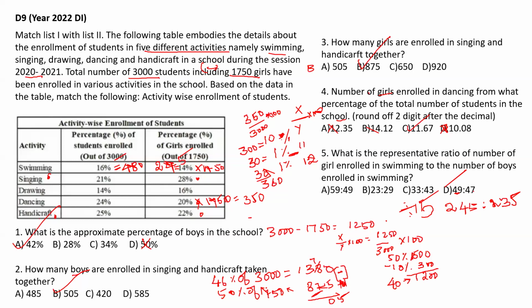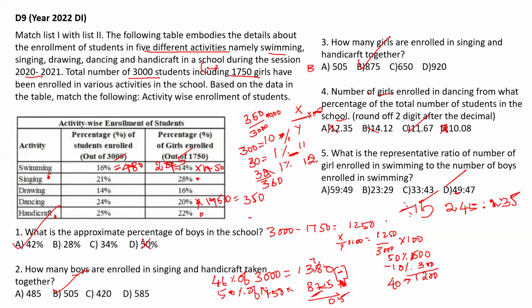What is your score? Out of 5 questions, how many are you correct? Tell me the points. 5 out of 5. Good, good. Shashwita ma'am, good.